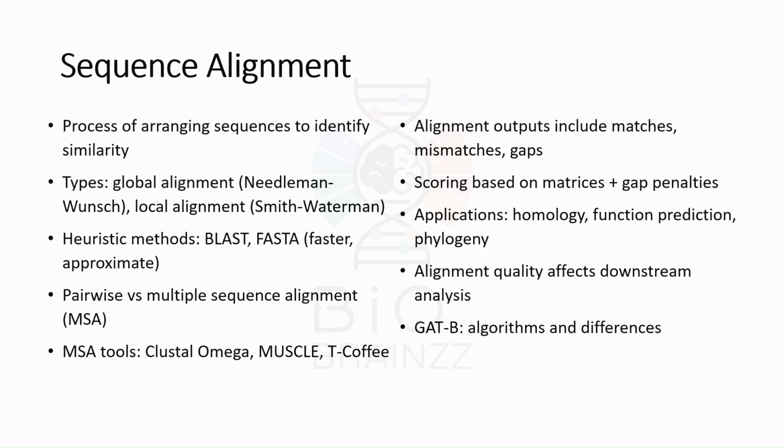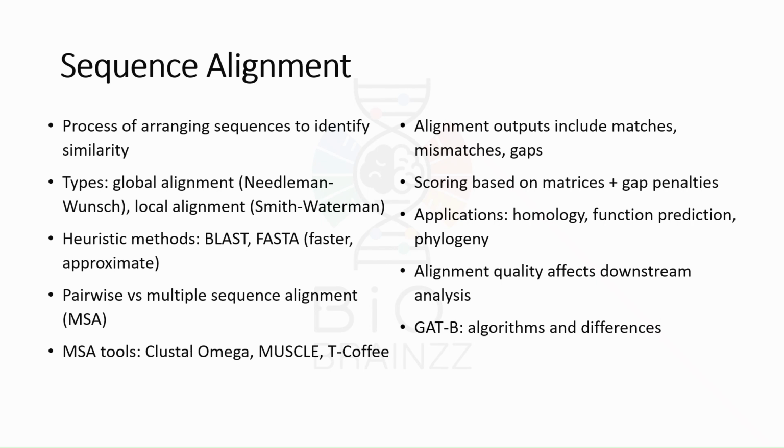Sequence alignment is the process of arranging sequences to find similarity. There are two main types, global alignment and local alignment. Global alignment aligns the entire sequence, while local alignment finds the best matching region.